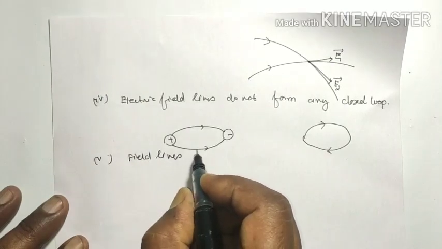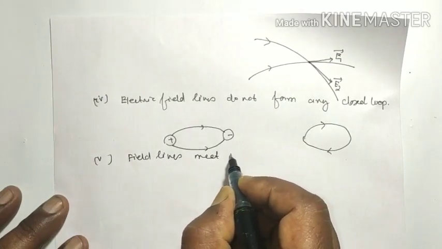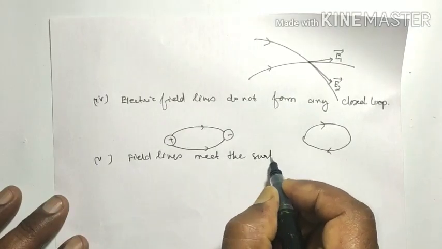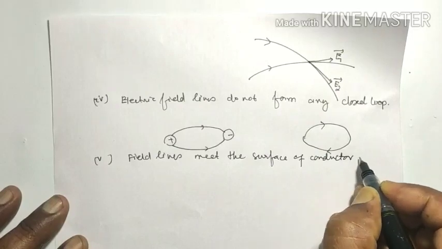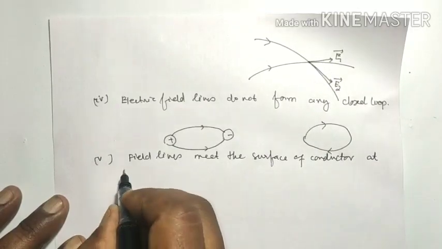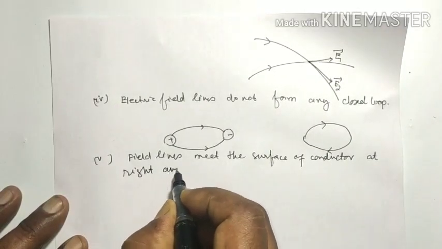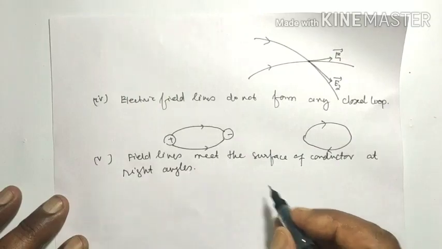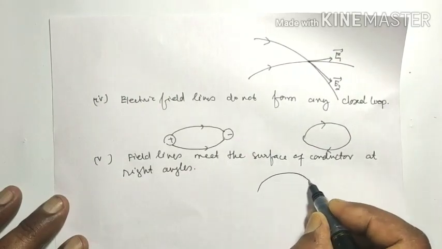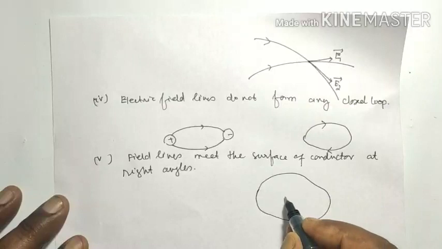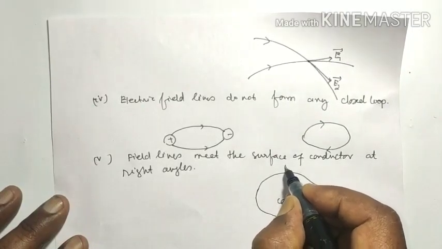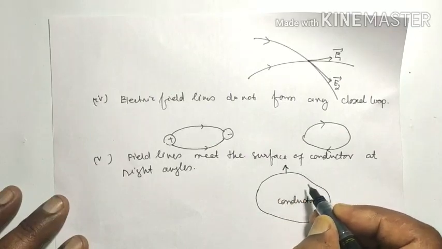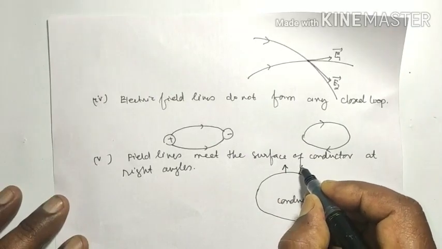Field lines meet the surface of a conductor at right angles. Suppose we consider a conductor, and here the field lines are perpendicular to the surface of the conductor like this.